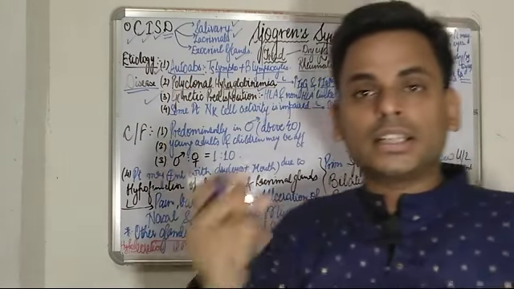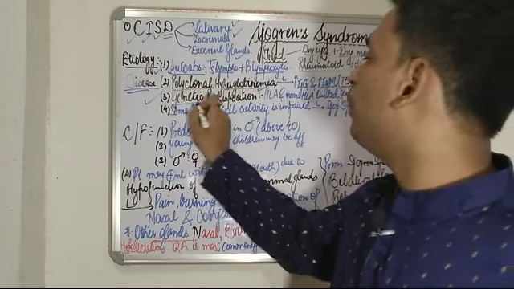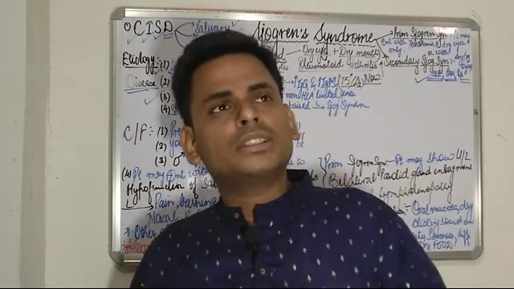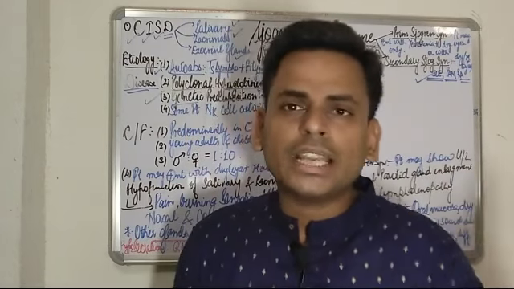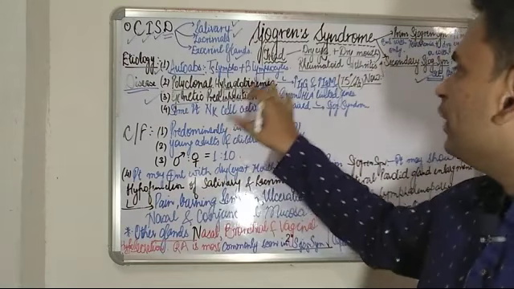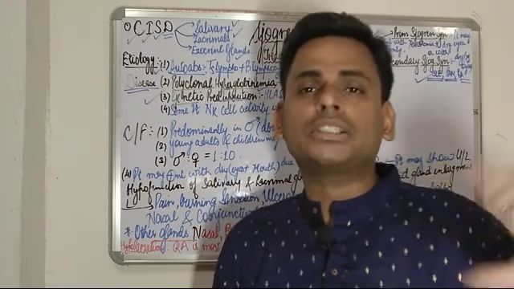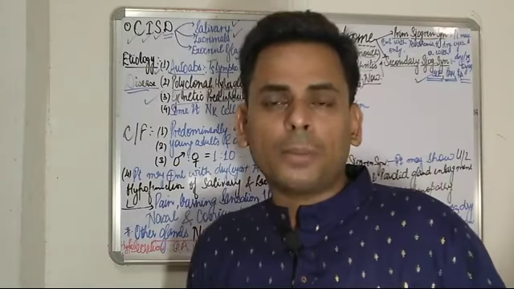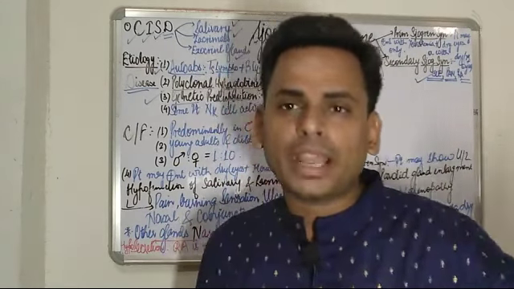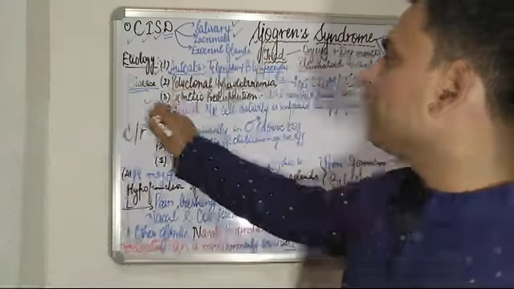Moving on to the third etiological factor, it is the genetic predisposition. There are certain HLA linked genes and non-HLA linked genes. In some individuals there can be an association with the HLA complex, that is the human leukocyte antigen, and in some cases there can be an association of the non-HLA linked genes.